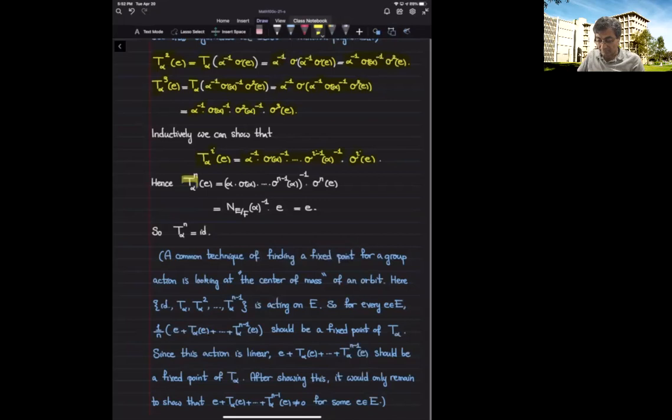T sub alpha raised to power n of E is, taking these inverses out, alpha times sigma of alpha times sigma squared of alpha up to sigma to power n minus 1 of alpha, the whole thing raised to power negative 1, times sigma to power n of E.